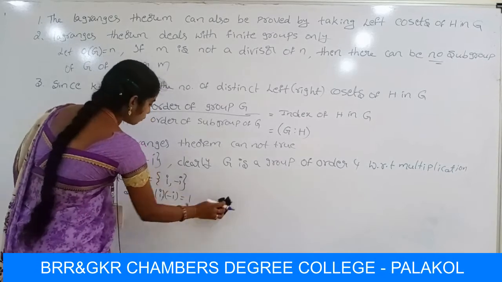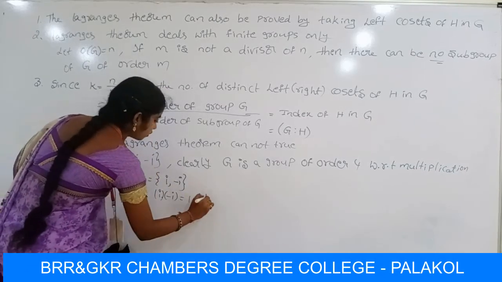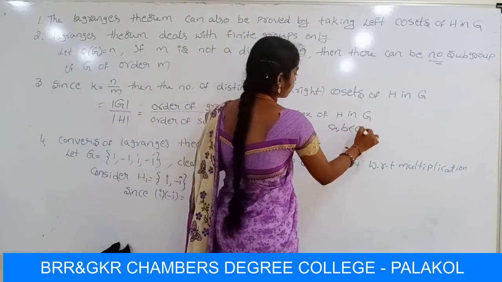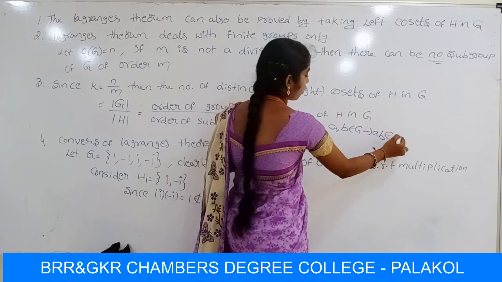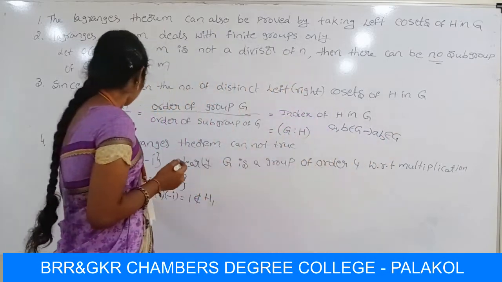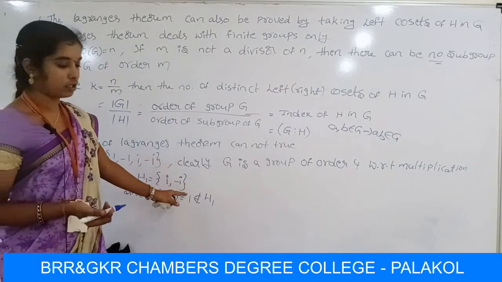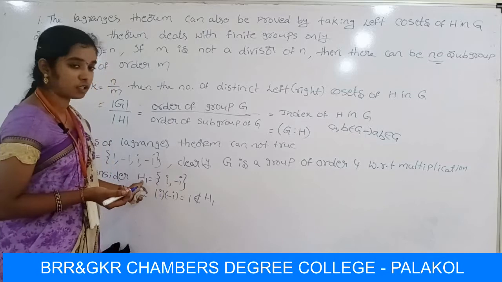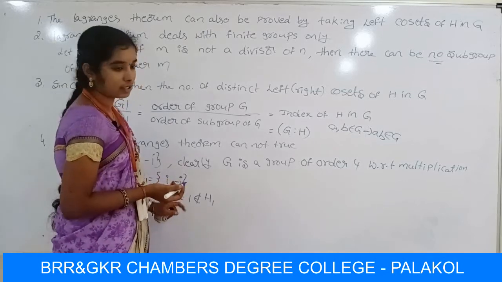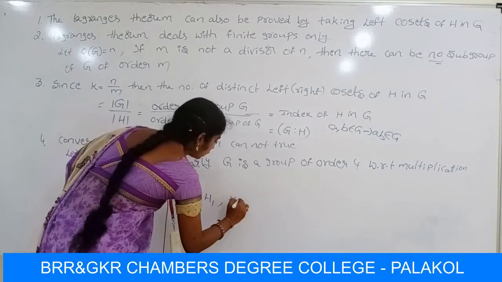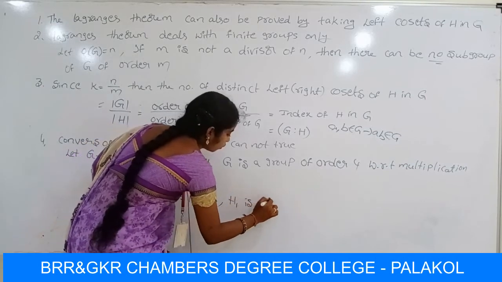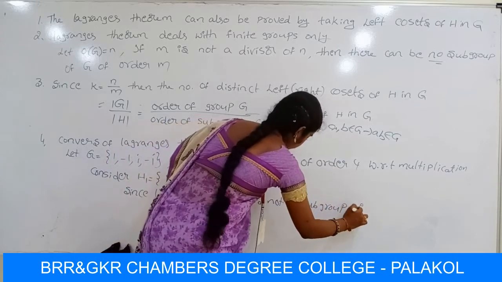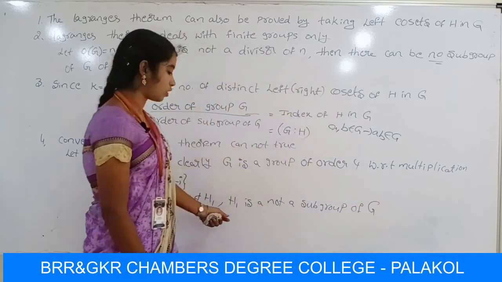So 1 does not belong to H1. By closure property, in general a, b belong to G, so with respect to multiplication ab belongs to G. Here i into -i is 1, and 1 does not belong to H1. So the closure property does not hold. So H1 is not a subgroup of G.